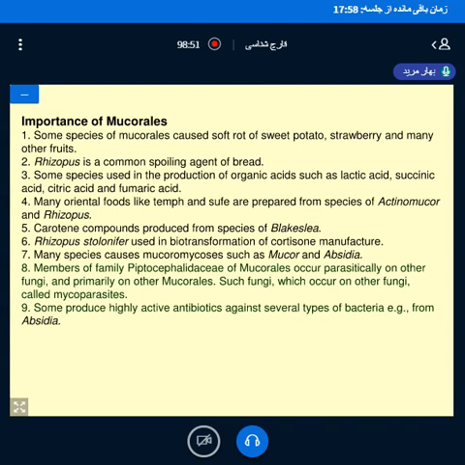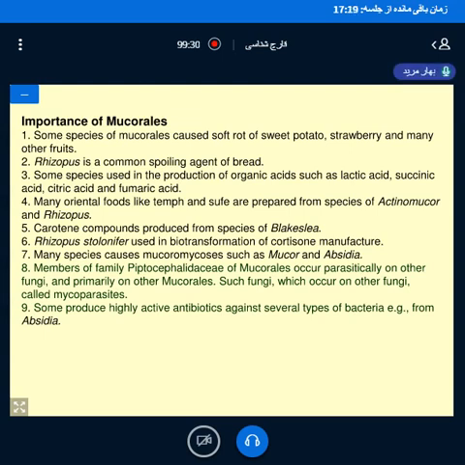Many oriental foods like tempeh are prepared from species of Actinomucor and Rhizopus. Carotene compounds are produced from species of Blakeslea. Rhizopus stolonifer is used in biotransformation for cortisone manufacture. Many species cause mucormycosis, such as Mucor and Absidia.